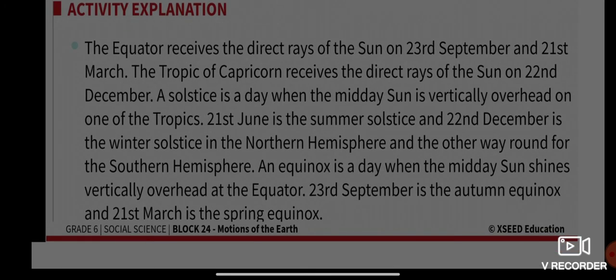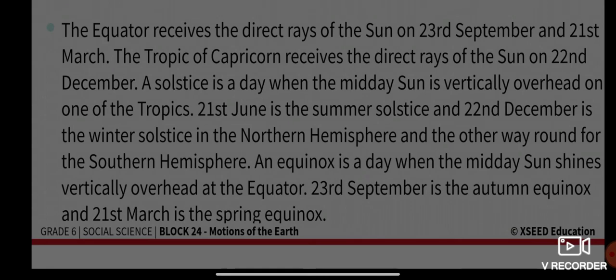So a solstice is a day, remember, when the midday sun is vertically overhead on one of the tropics. And 21st June is the summer solstice, and 22nd December is the winter solstice.